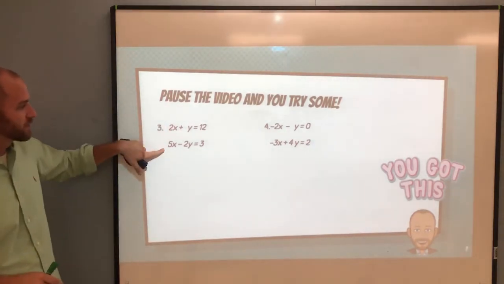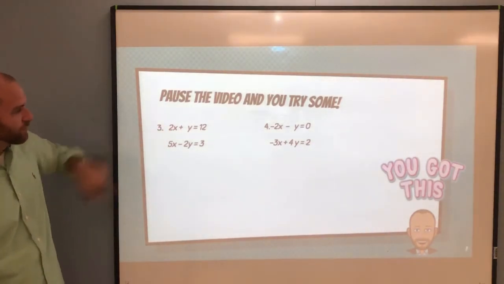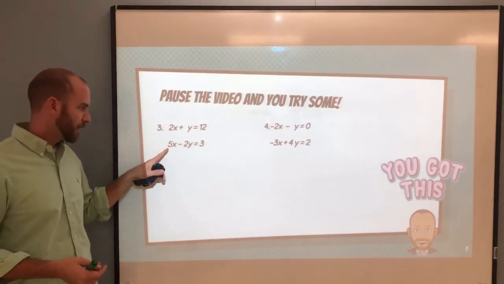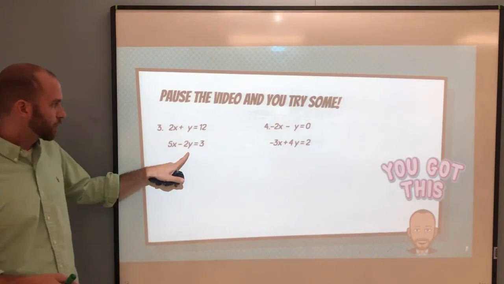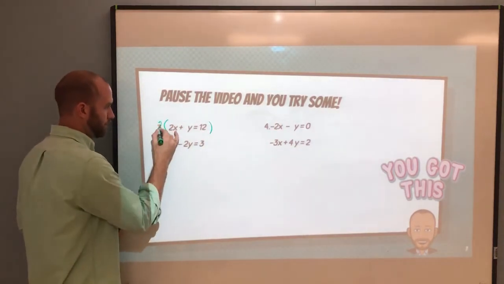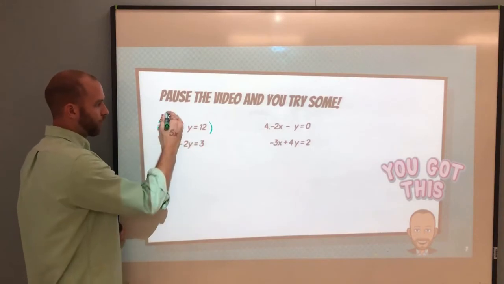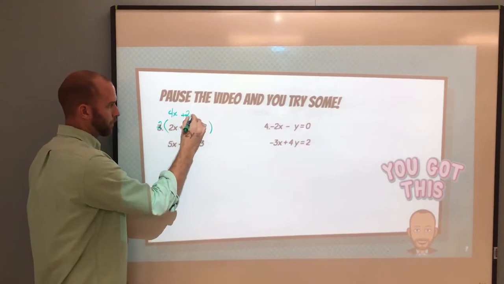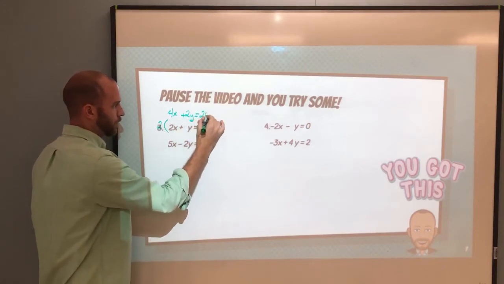Now if you look at the x's, I've got 2x and 5x. I can't multiply 2 by anything, any integer, to get 5. But I could with the y's, right? If I multiply this top equation by 2, that would turn into 4x plus 2y equals 24.